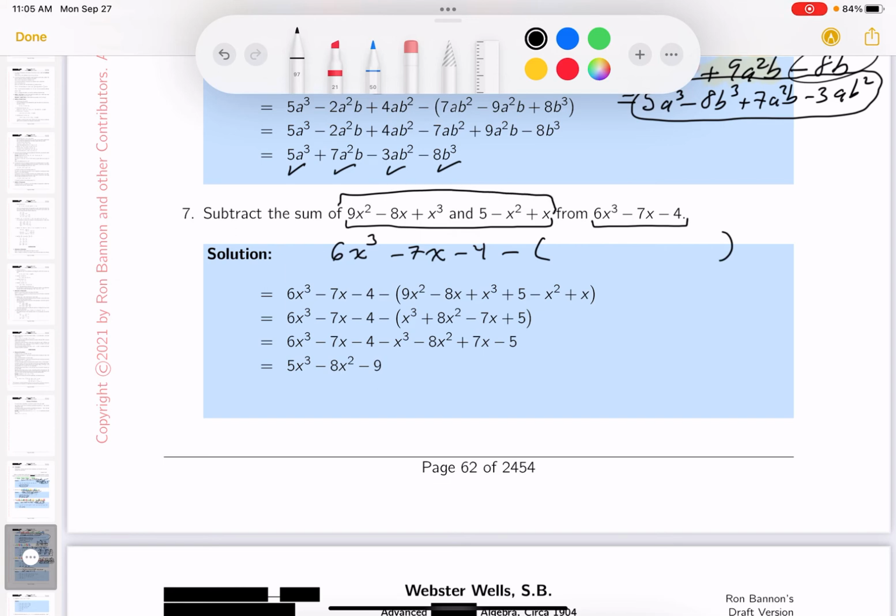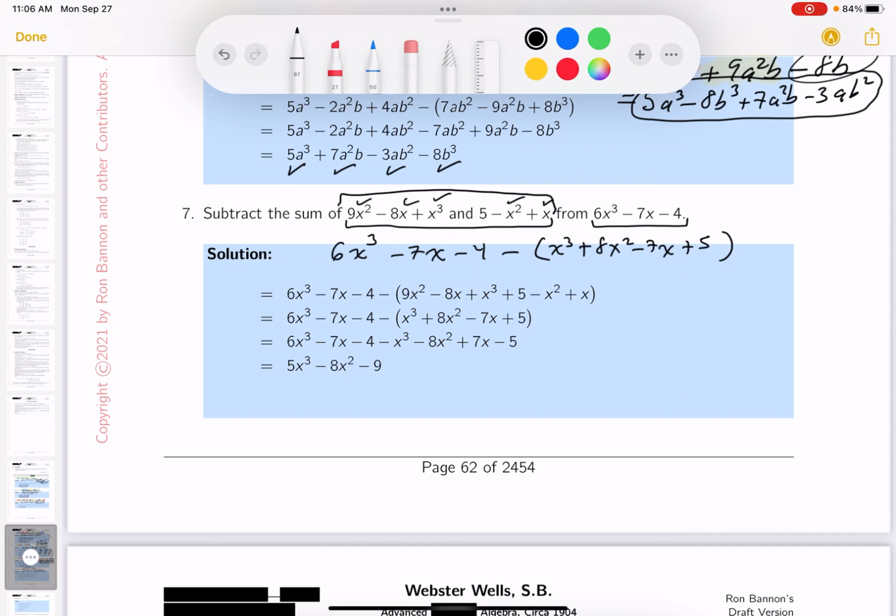The x cubed has no other x cubes in that addition problem. Let's do the x squareds. Minus 1 plus 9, which is plus 8, x squareds. And then minus 8 plus x, that's going to be minus 7x, right? Is there anything missing? Yeah, plus 5.